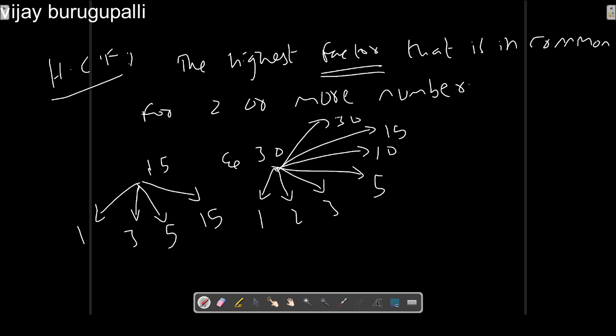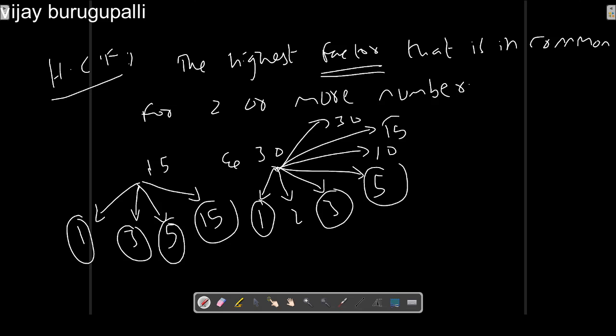Now let's try to find out the highest common factor between these two numbers. Here 1 is a common factor for 15 and 30. Similarly, 3 is also a common factor for both these numbers. 5, 15 are also common factors for 15 and 30.